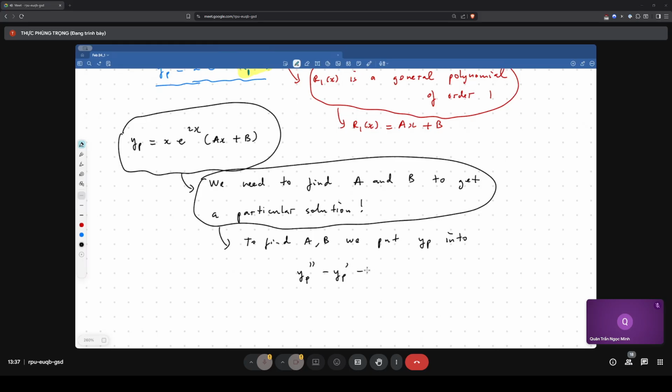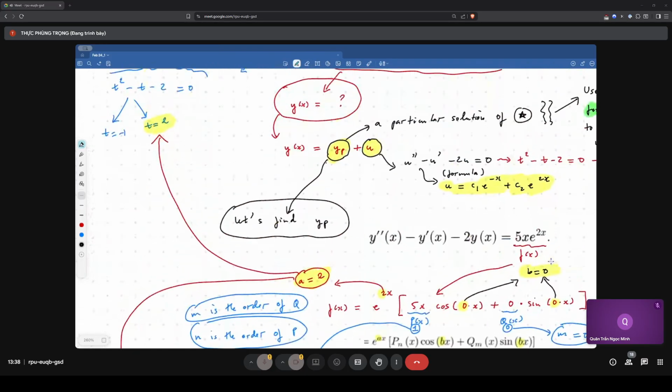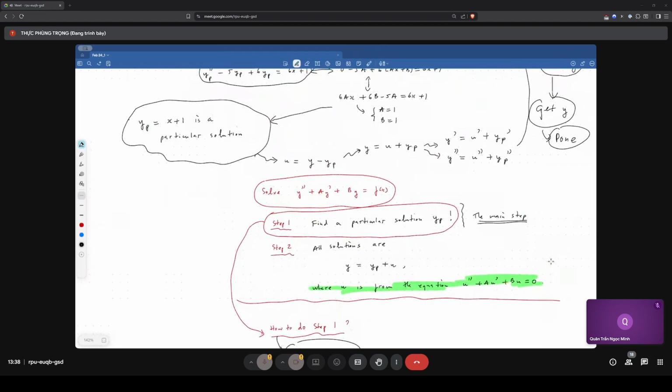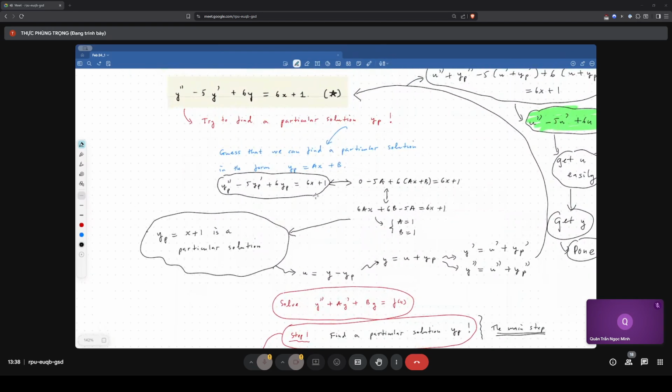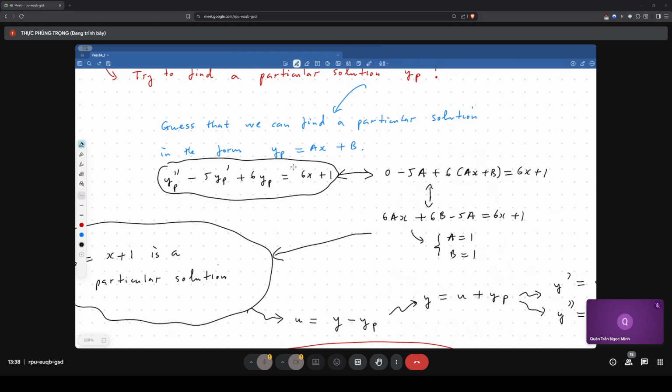And then you get 5s e to the power 2s. Yeah, it's similar to what we did before in here. Let me go back to it. So after you get the form, you just put Y_p into the equation and you find a and b, right? Similar to that.